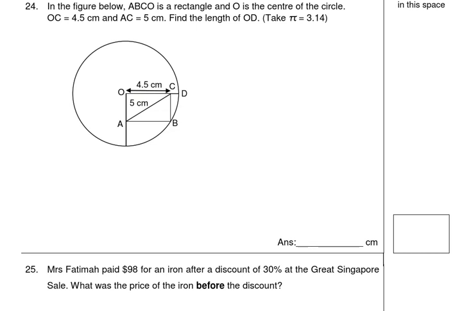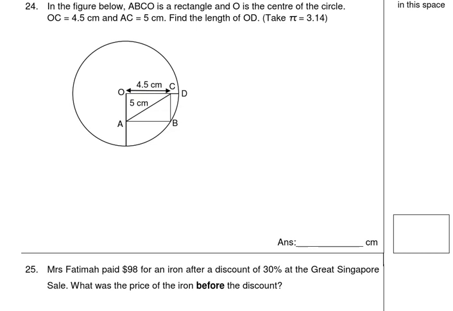Raise your hand. Okay, Elliot, let me ask you a question. What is the length of OB? How do you know? Because OB is also a diagonal, right? That's why it's 5 cm, right?